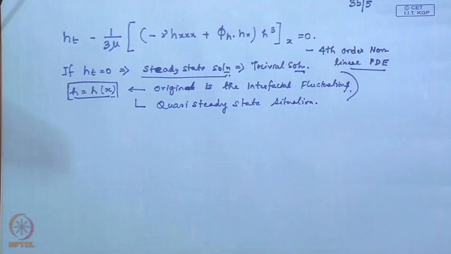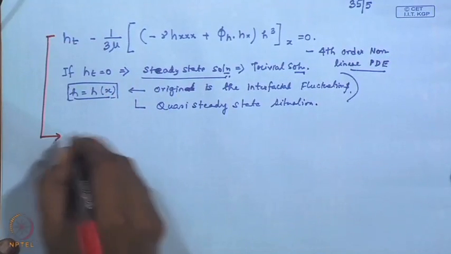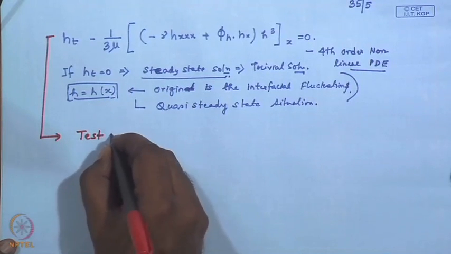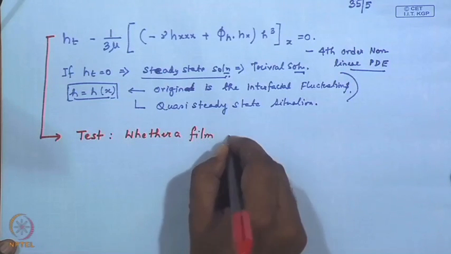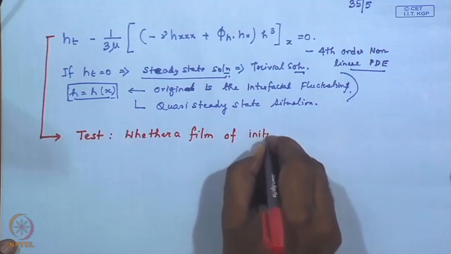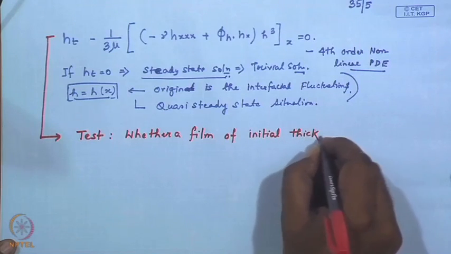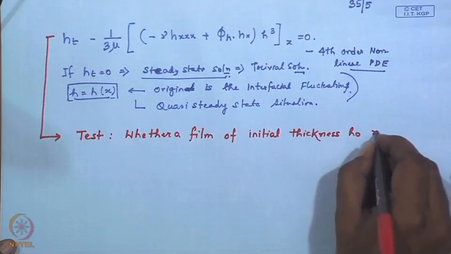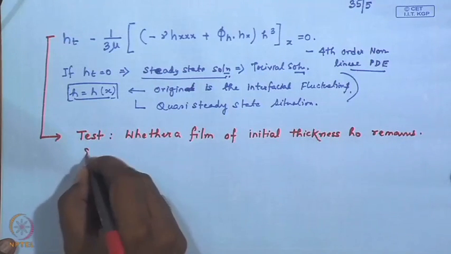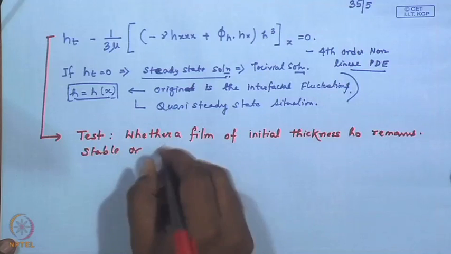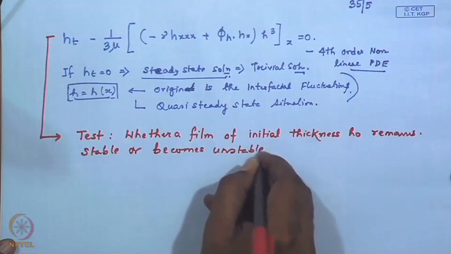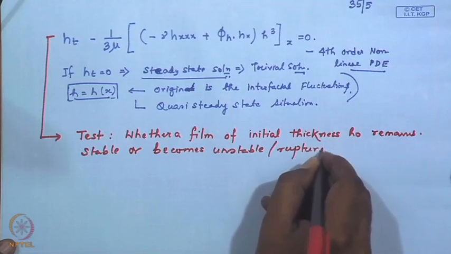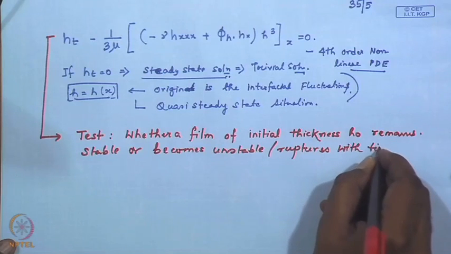Okay. Now, one of the major utilities of this particular equation is to test numerically whether a film of initial thickness H0 remains stable or becomes unstable and ruptures with time.